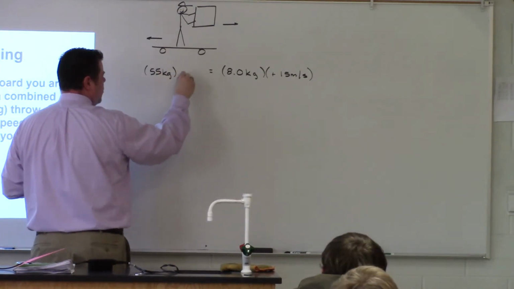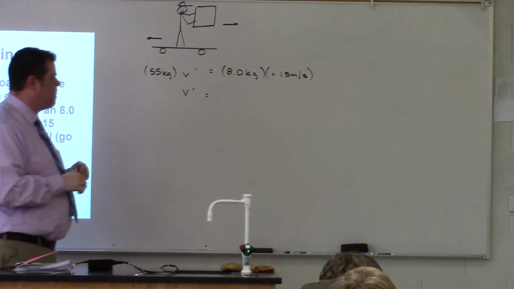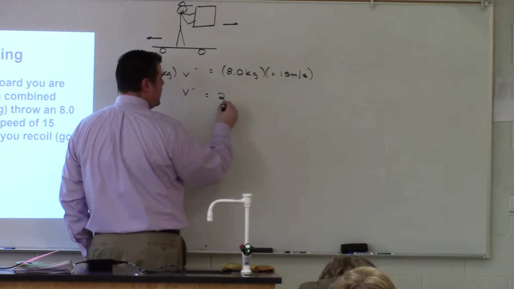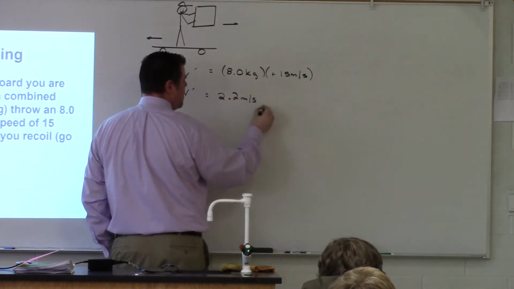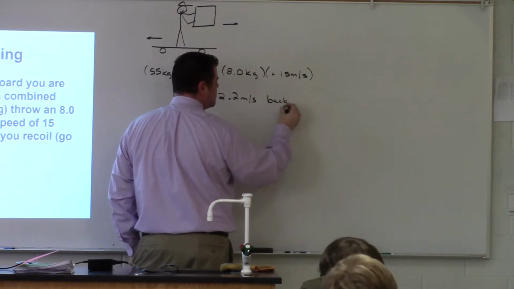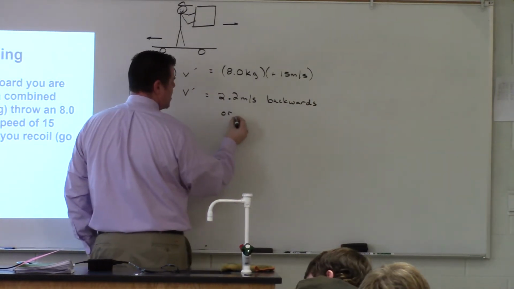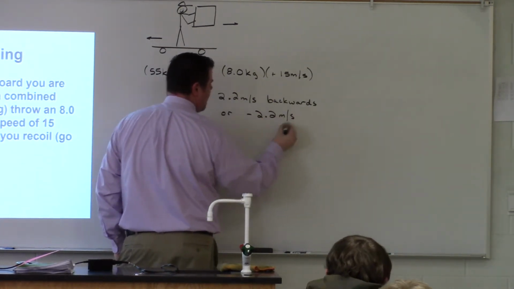You no longer are holding on to the box. And if you do that, you find out that you're rolling now about 2.18, about 2.2 meters per second backwards. Or more commonly called negative 2.2 meters per second.